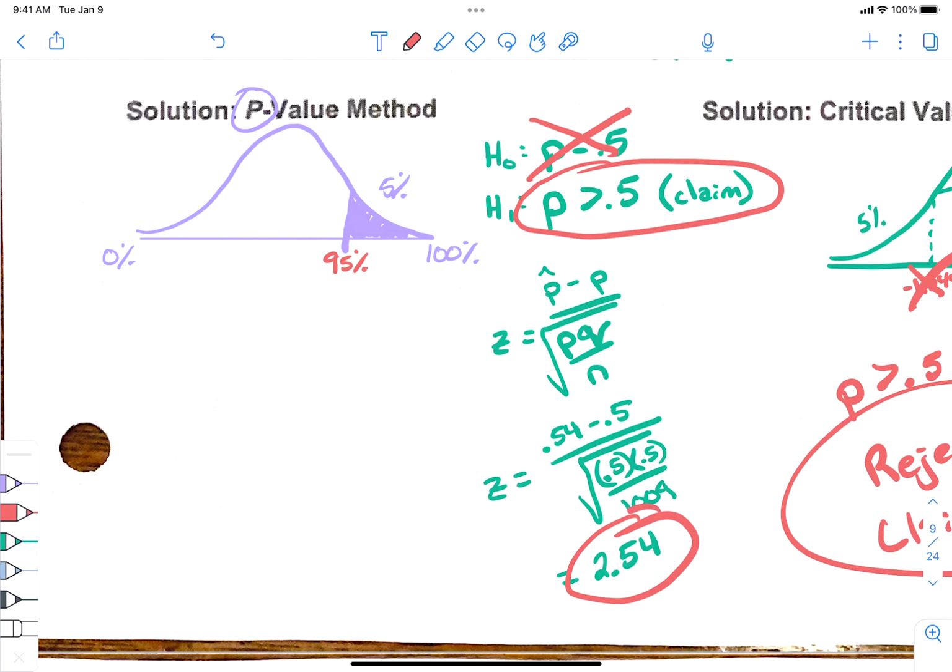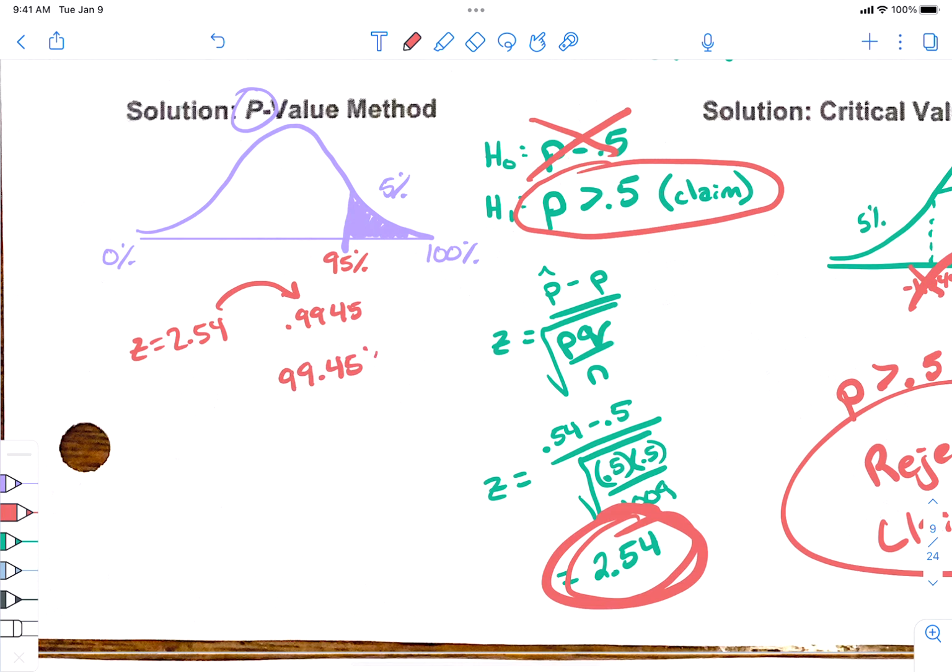We look at this z value, z equals 2.54. If we convert that to a p-value or a percentage, you're going to look up on your chart and go to the positive side, right? 0.9945, or 99.45%. And where does that live in relationship to the 0 to 100%?